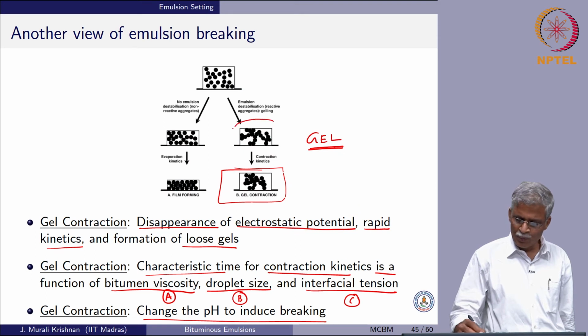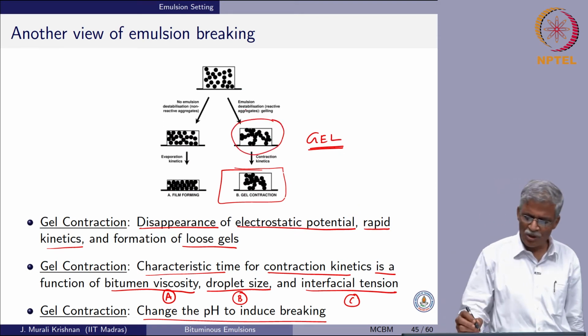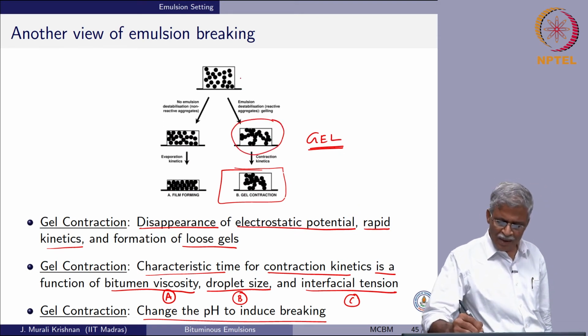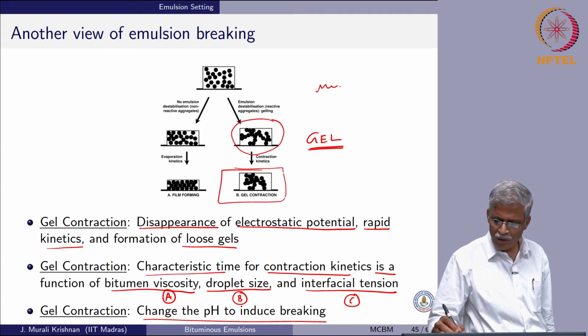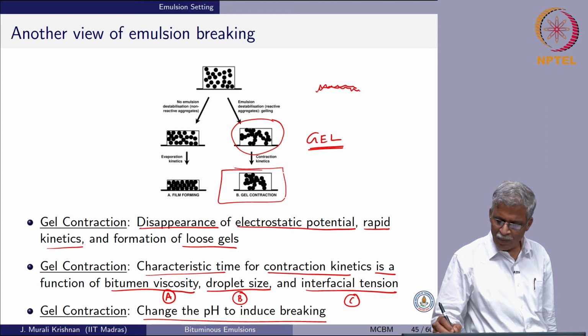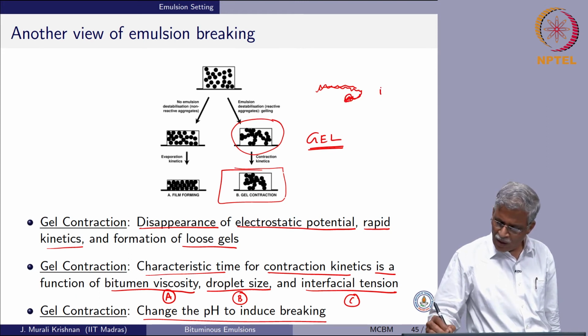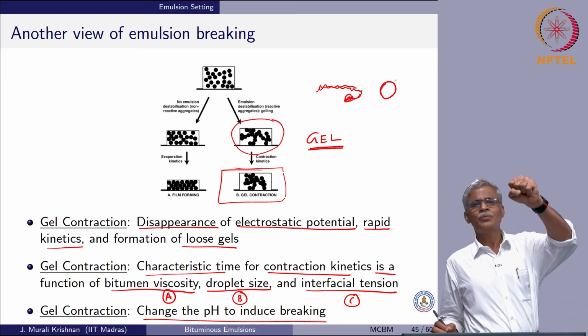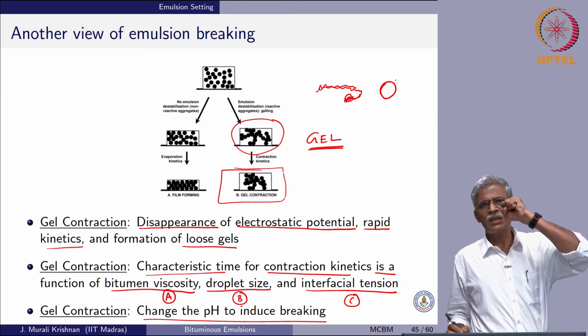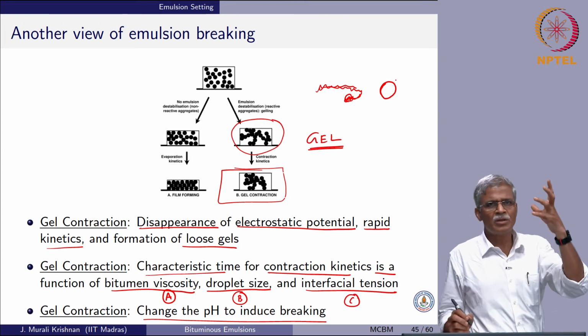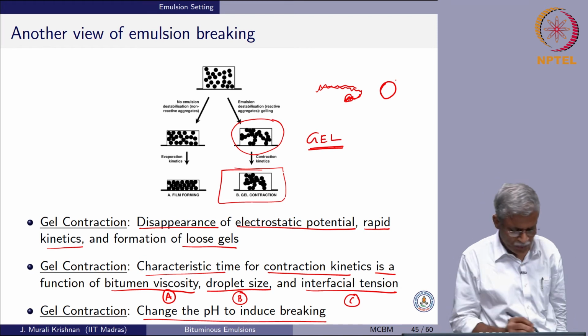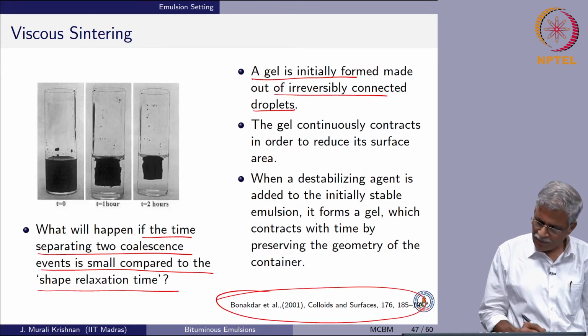You get a gel. In fact, if you see this picture, the coalescence is happening fast. Ultimately, what would you expect? You would expect all these wiggly droplets joined together at some place to slowly get the shape relaxation done and become one single sphere or whatever it is. That is what you expect to happen.